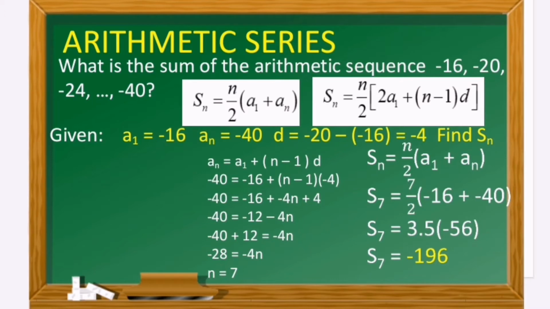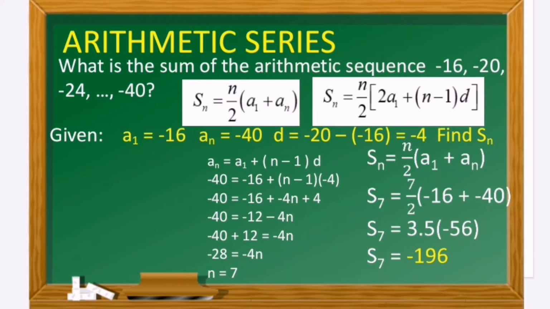First things first, we are going to write the given. A sub 1 is equal to negative 16. A sub n is equal to negative 40. The common difference d is equal to negative 20 minus negative 16. And what do we have? Yes, it's negative 4.